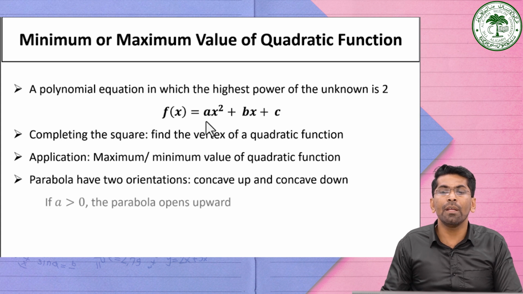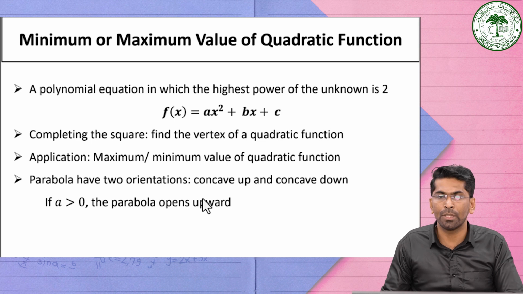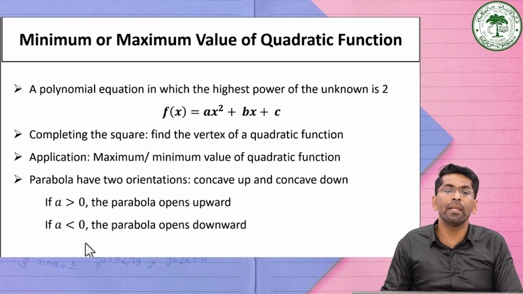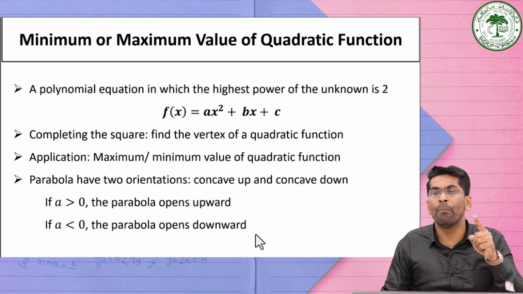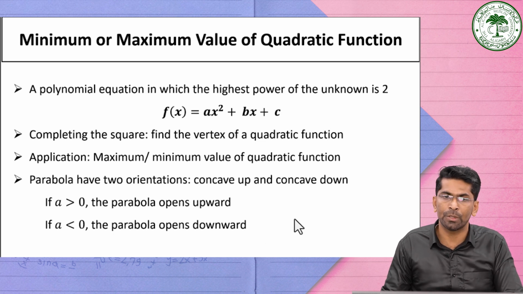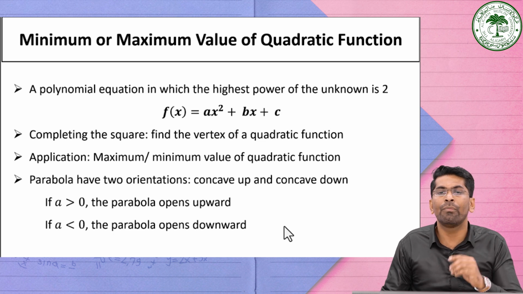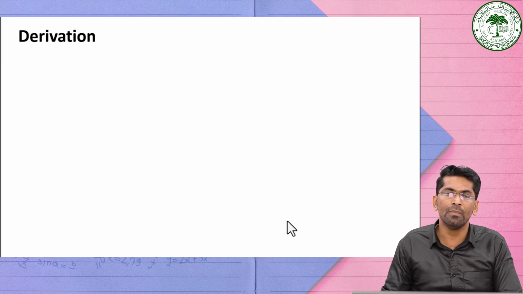If a is greater than 0, the parabola opens upward and the vertex gives the minimum point of the function. Similarly, the graph extends downward if the coefficient a is less than 0, and at that point we have a maximum point of the quadratic function. So here we want to find the minimum or maximum value of a quadratic function.